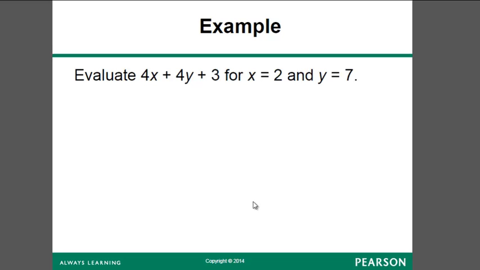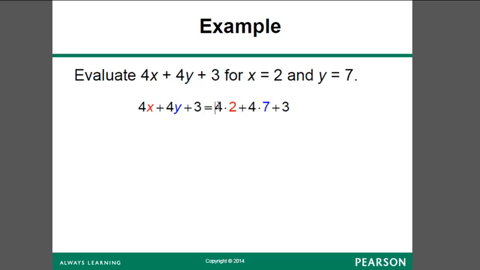So the first step is go ahead and replace your variables, your x and y, with the numbers. That's what I've done here. I've taken 4x plus 4y plus 3, and I've replaced the x with the 2, as it tells me to, and I've replaced the y with the 7, as it tells me to.